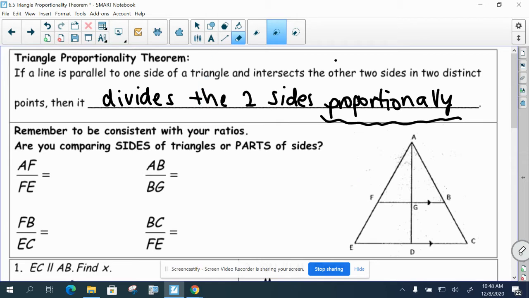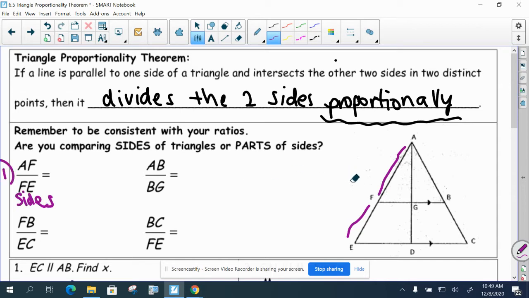So you've got AF over FE. Okay, so AF to FE. So here we're comparing sides for ratio 1. Or sorry, not sides, I meant parts.